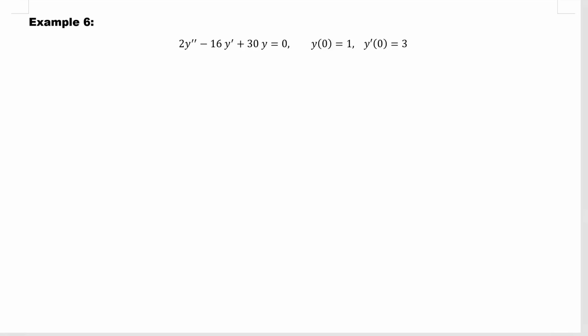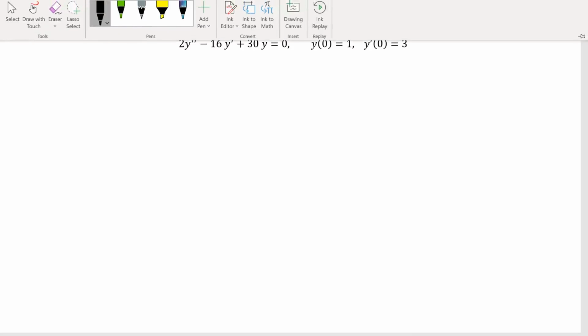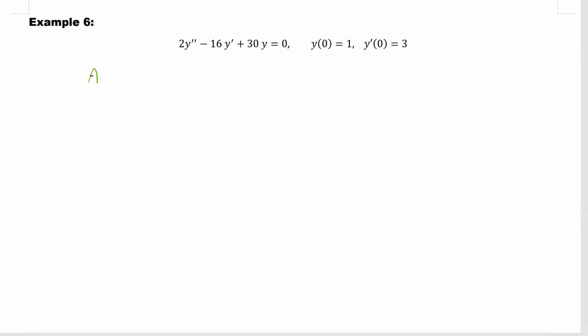So the first step, we know the solution is going to look like a times e to the rx, right?